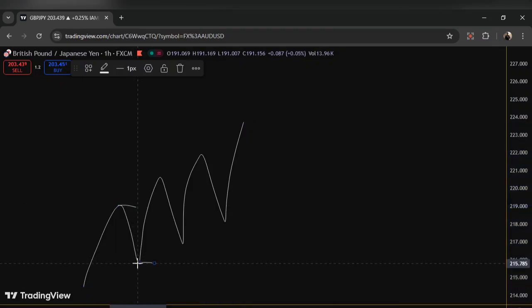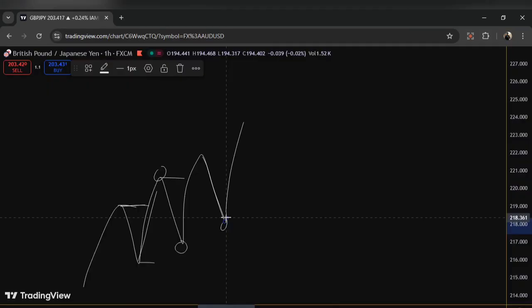Then price will trade back and take out the previous high to create a new high, and come back and create a new higher low. So this will be considered a break of structure. Then the cycle continues again. Price will trade back to take out the recent high and create another recent low. So this is simply how we traders look at the market.